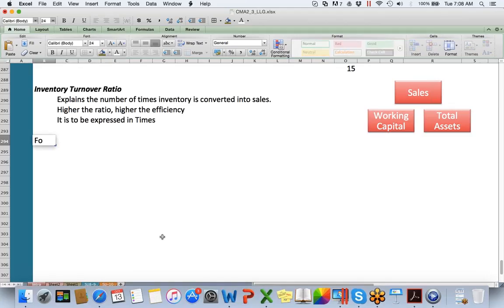Okay, the formula, inventory turnover ratio formula, I will call it as ITR now onwards. ITR means inventory turnover ratio equals cost of goods sold divided by average inventory.